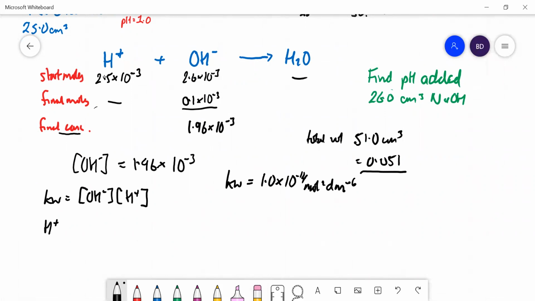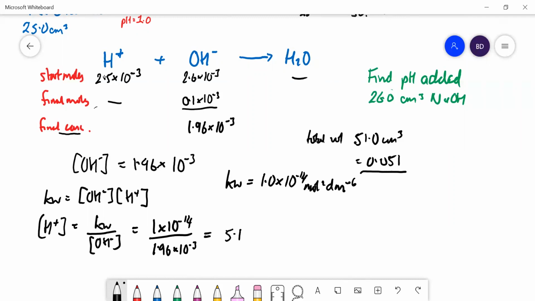So H plus concentration is equal to Kw over OH minus. So that's 1 times 10 to the minus 14 divided by 1.96 times 10 to the minus 3. So the H plus concentration is 5.102 times 10 to the minus 12.